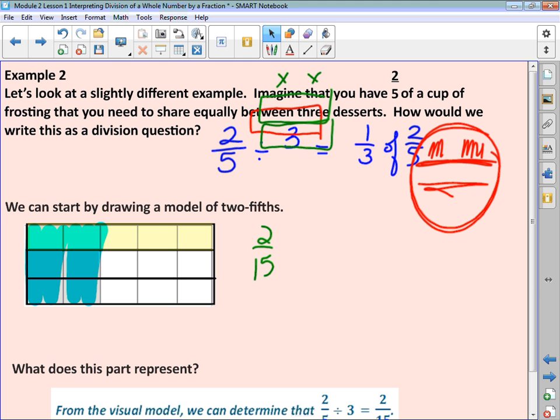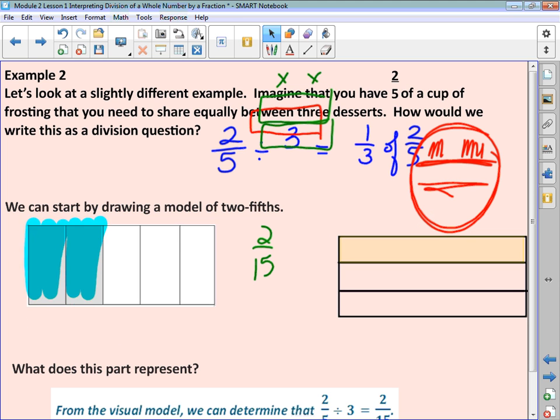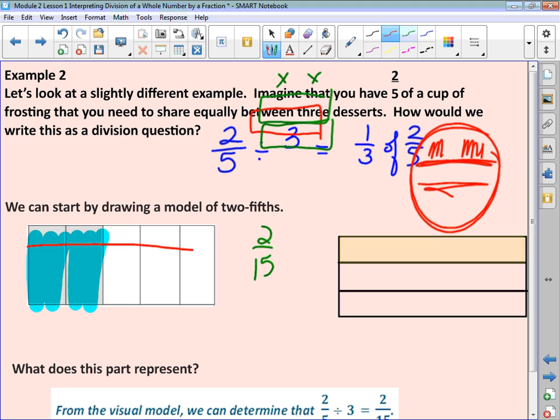Well, it was 2/5. See our original picture? Here's your fifths. Here's 2 of the 5. Okay? I'm going to take those 2/5 and cut them into thirds. I don't need all of them. I only need one. That's 1/3. That's 1/5, 1/5, 1/5, 1/5, 1/5.